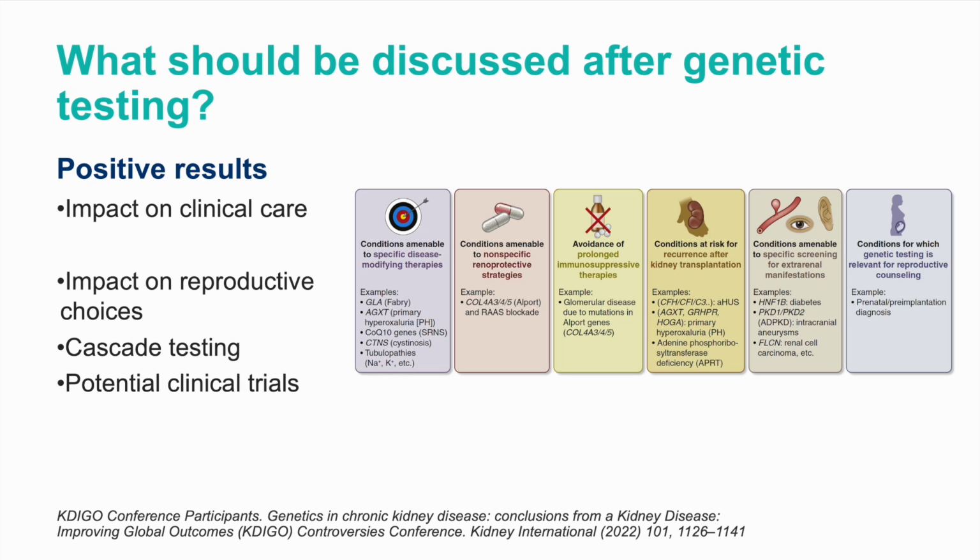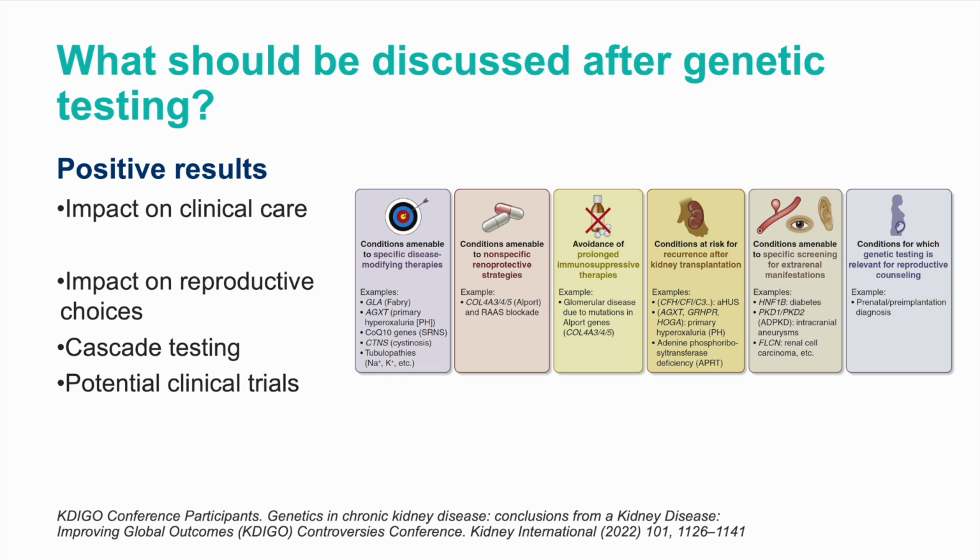Or maybe you identified a disease that has a high risk for recurrence after kidney transplantation, and that can be a very difficult conversation to have with your patient, but also a very important one. If you identified atypical HUS or primary hyperoxaluria or APRT. The condition might be associated with extrarenal manifestations, and there might be preventive care associated with them.